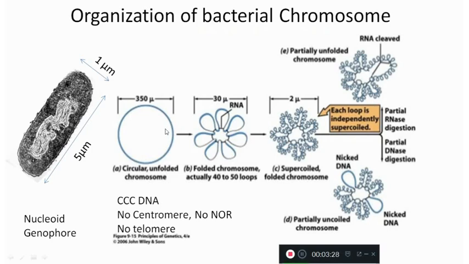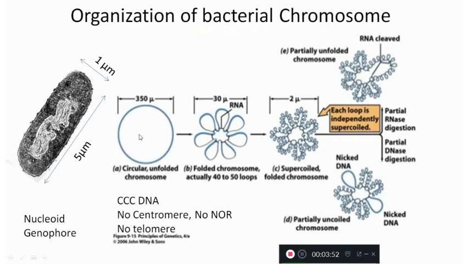The thing is that this completely spread chromosome has a size of about 350 micrometer in diameter, and the cell is 1 to 5 micrometer in breadth and length. So how can such a big molecule be accommodated inside this very, very small compartment?